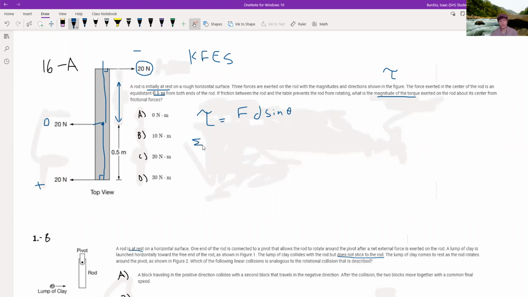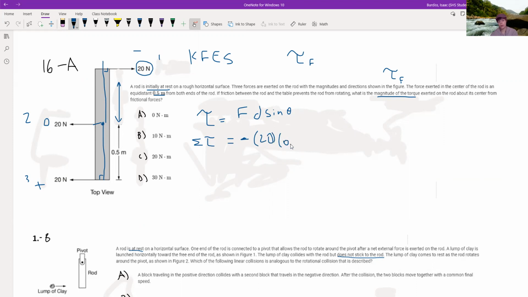So we can do the sum of the torques. Let's call this torque 1, this 2, this 3, and let's call the frictional torque just TF, which is what we're trying to find. The first torque is negative, so negative, and then the force is 20, the distance is 0.5.